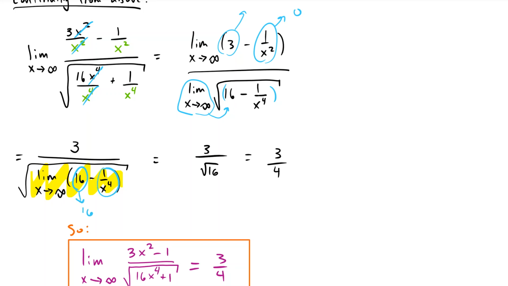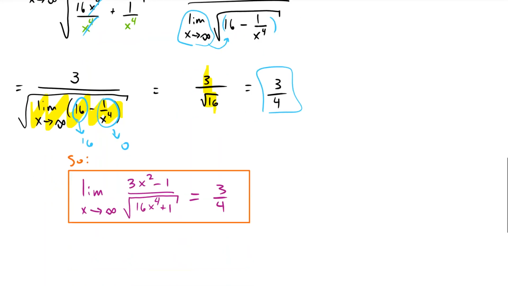The limit of 1 over x to the 4th, again, is 0. And that gives us 3 over root 16, which gives us our answer, which is 3 over 4.